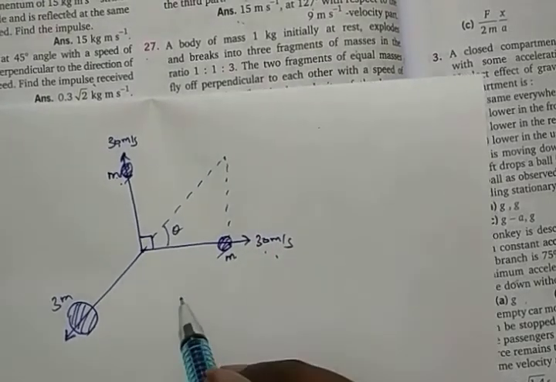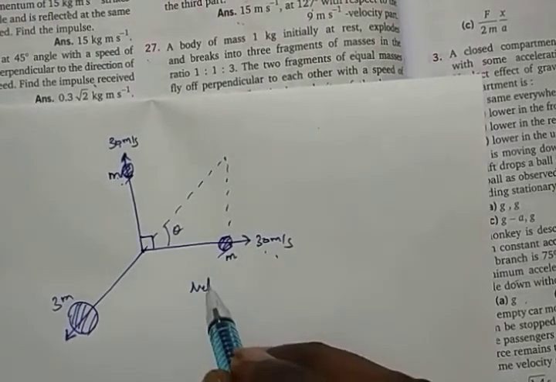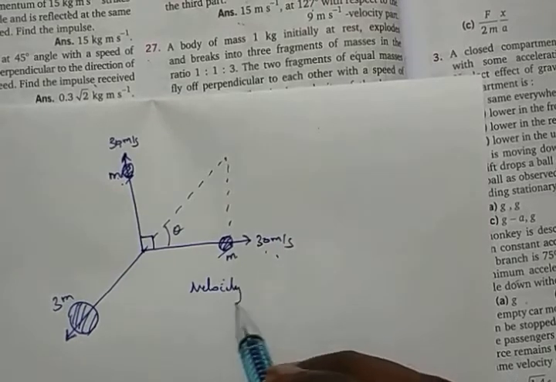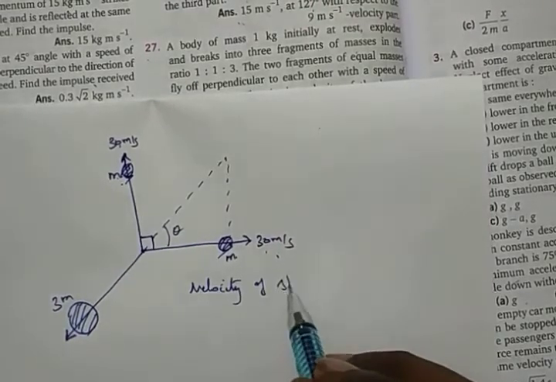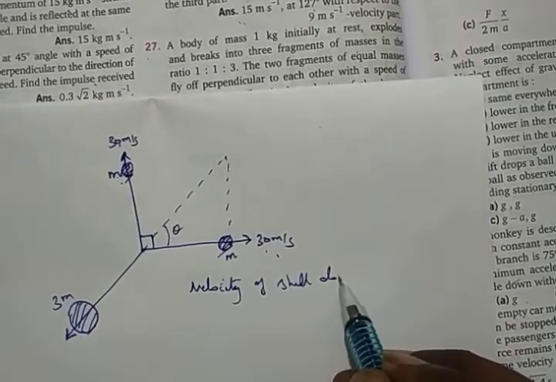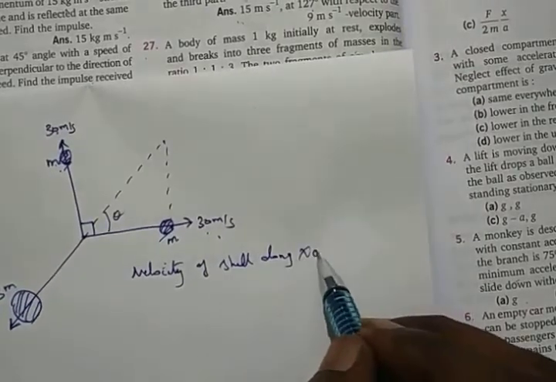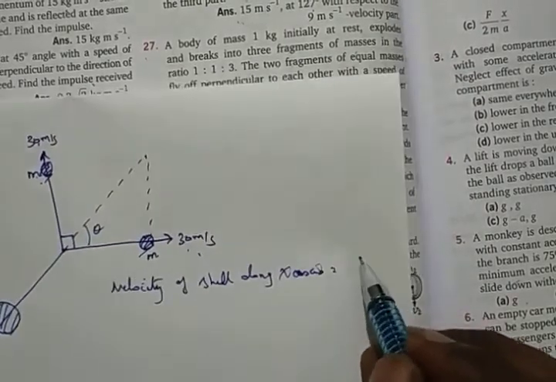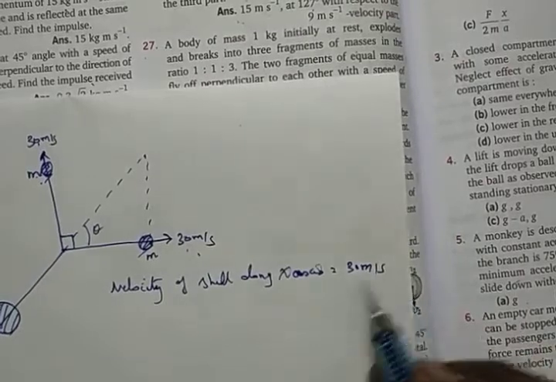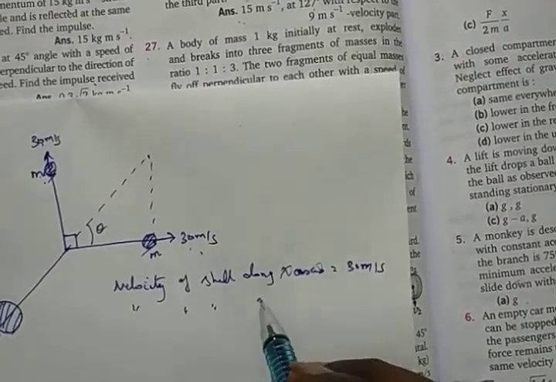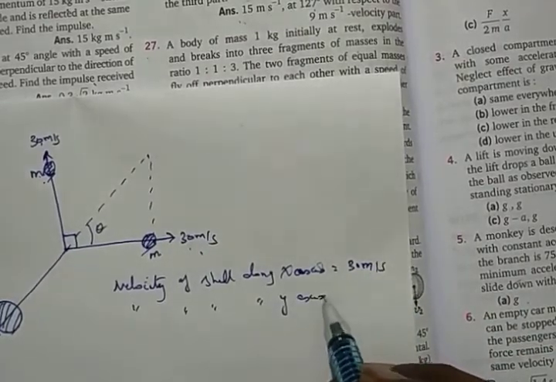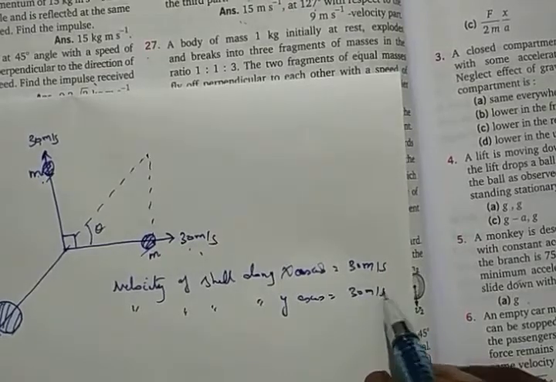So velocity of shell along x-axis is equal to 30 meter per second. Velocity of shell along y-axis is 30 meter per second.